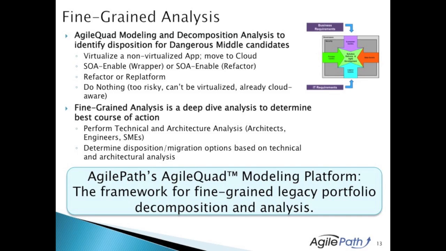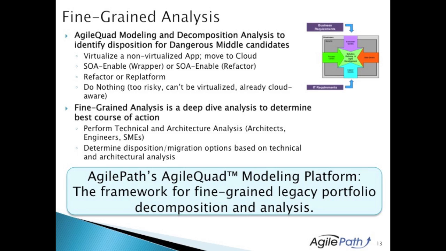And you may actually, at the end of this analysis, come out with a couple of options for a course of action. So then you sit down with your analysis team and decide upon the best course of action for that particular application for your organization. So you're really looking at a deep dive, looking at both the technical aspects with subject matter experts that know both the application as well as the target environment, and they need to be coupled with your business analysts to understand the business value for moving and migrating an application.